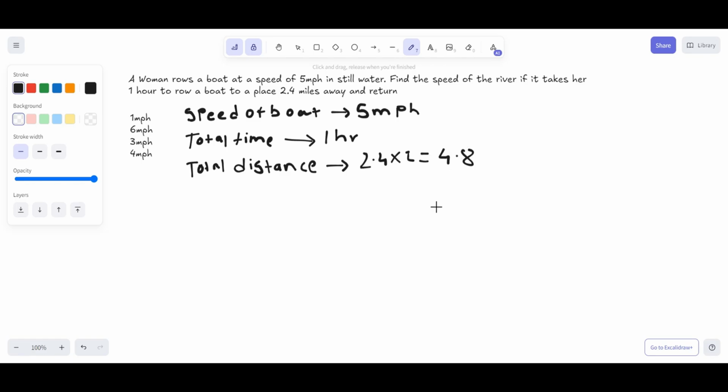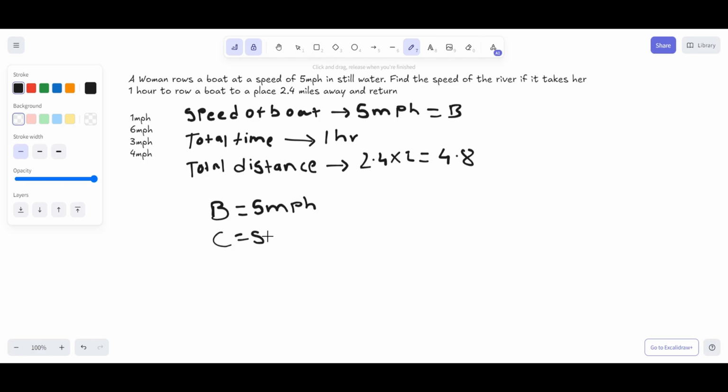Now we will solve it step by step. The first thing is let us consider b. B equal to 5 miles per hour, that is the speed of the boat, and c is the speed of the river current.